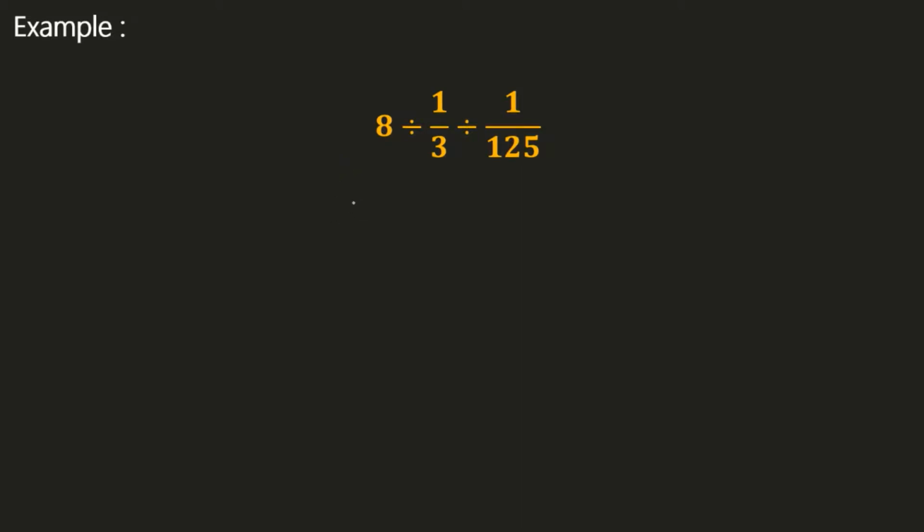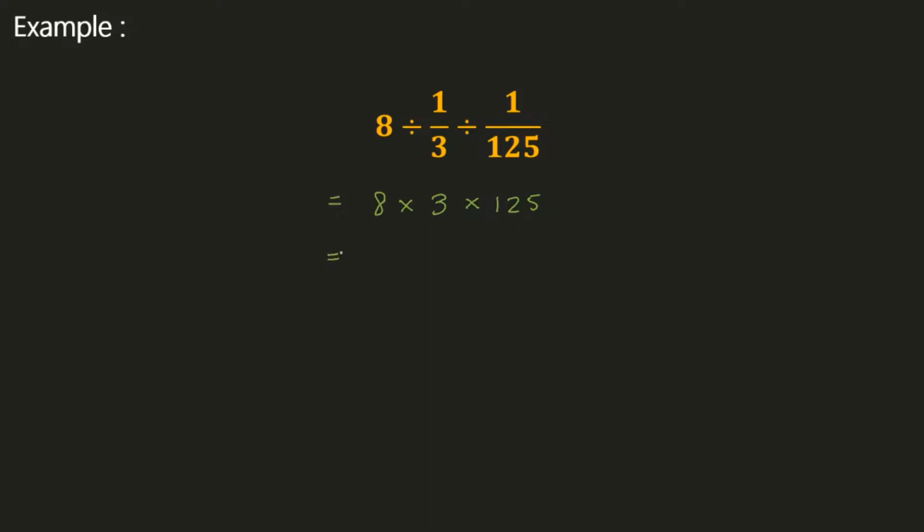So in this problem here, we're going to first use reciprocals to convert division into multiplication. And then we're going to use the commutative property of multiplication to help us solve the problem. So let's take a look. 8 divided by 1/3 divided by 125. This is the equivalent of 8 multiplied by the reciprocal of 1/3, which is 3, multiplied by the reciprocal of 125, which is 1/125.